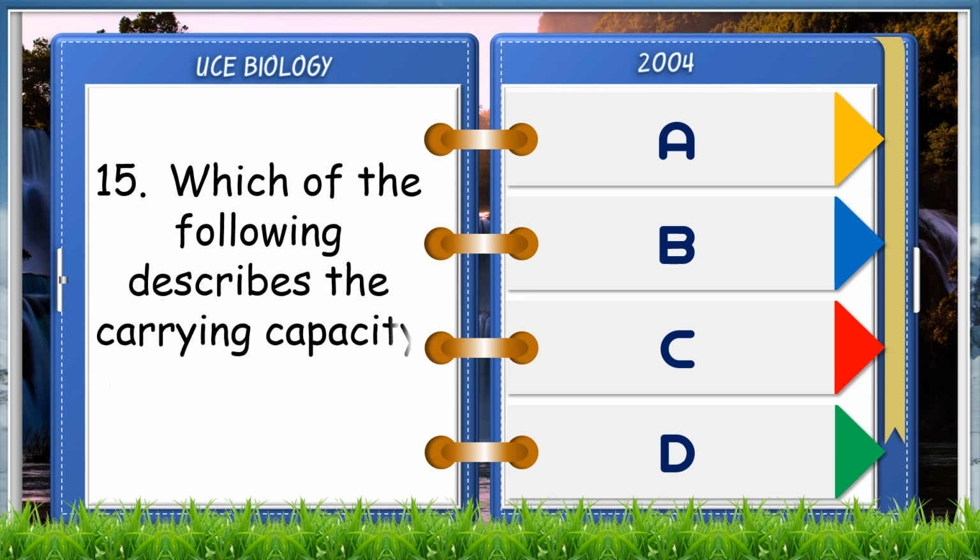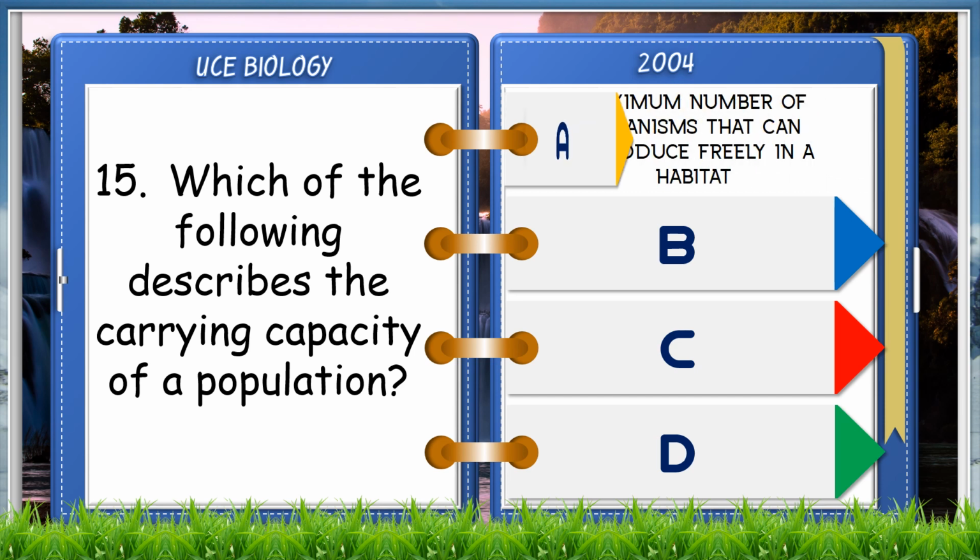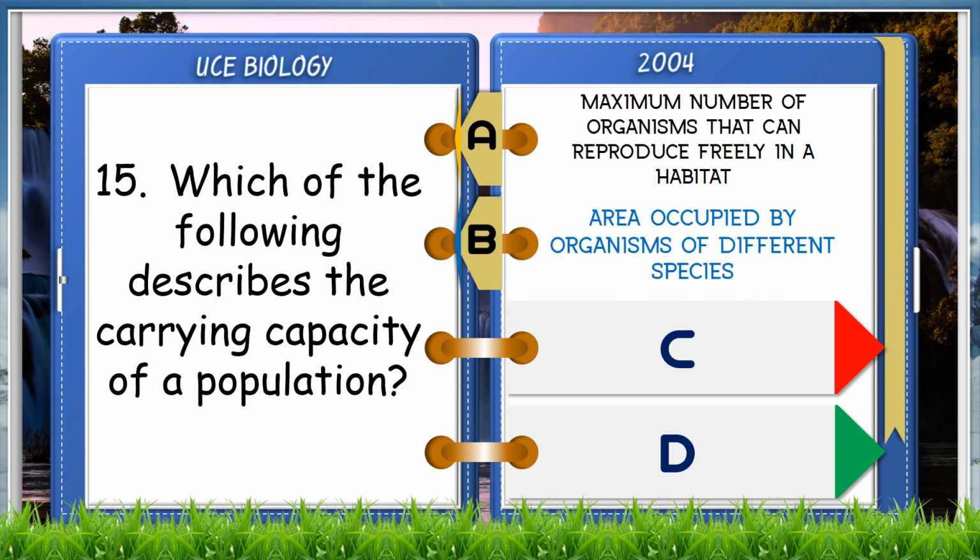Which of the following describes the carrying capacity of a population? A. Maximum number of organisms that can reproduce freely in a habitat. B. Area occupied by organisms of different species.